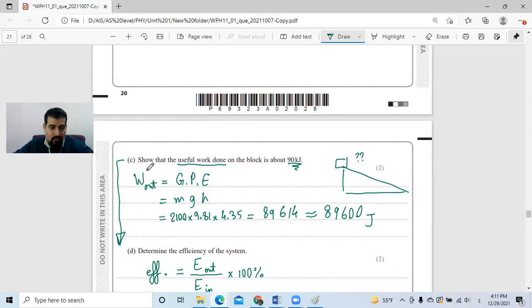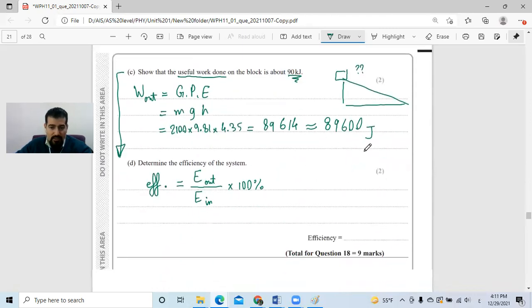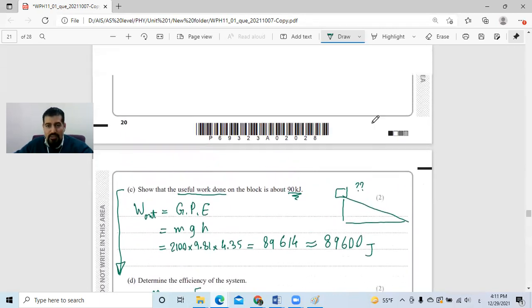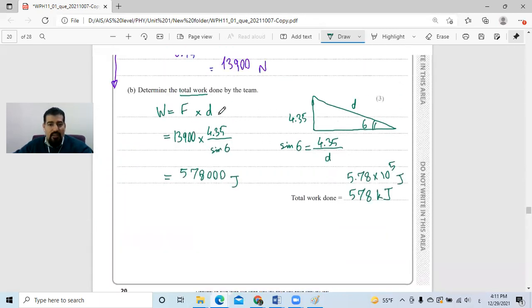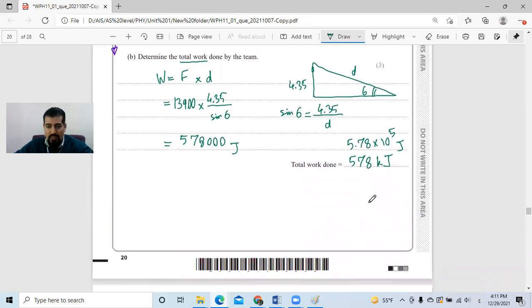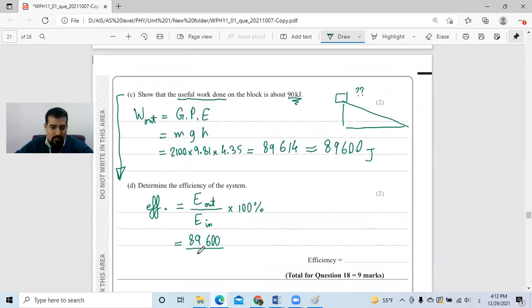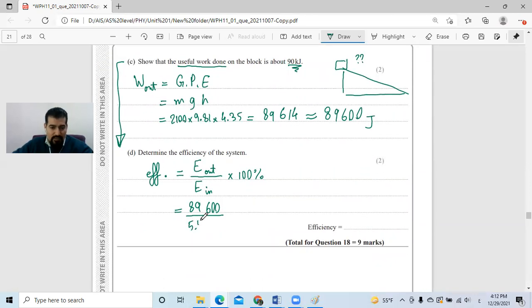The energy output is the actual work done, which is 90 kilojoule, 89,600, divided by the energy in, which is the work done by the engine, 5.78 times 10 to the power of 5, times 100%.